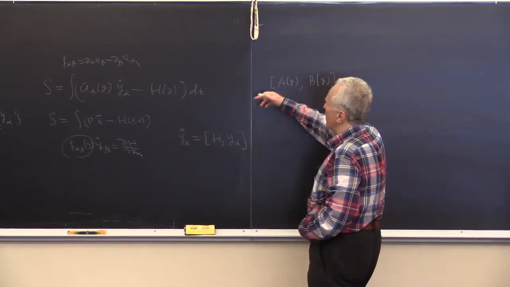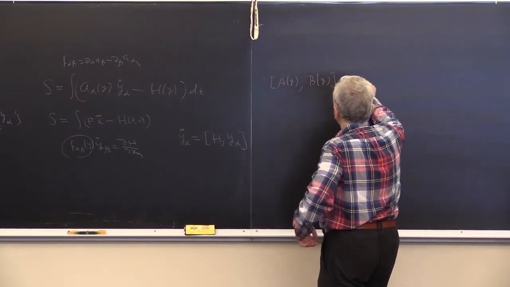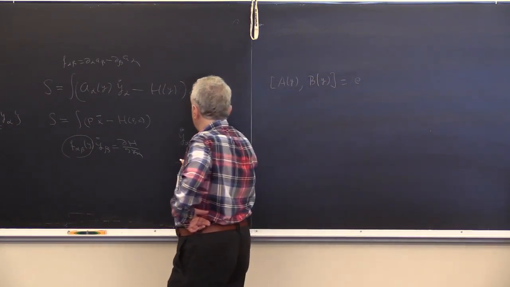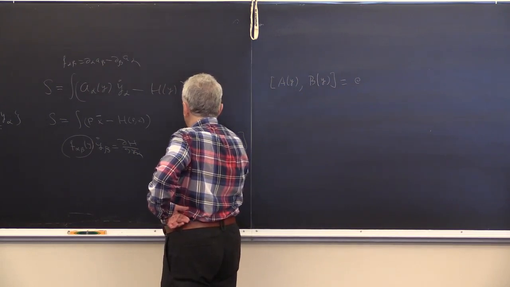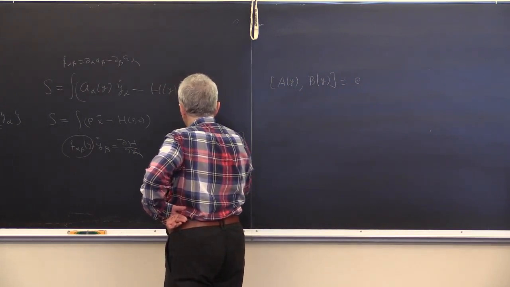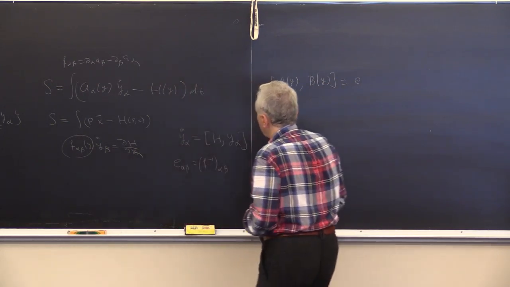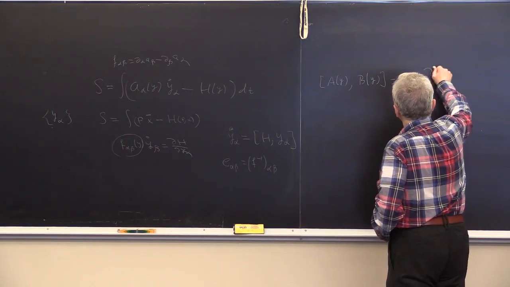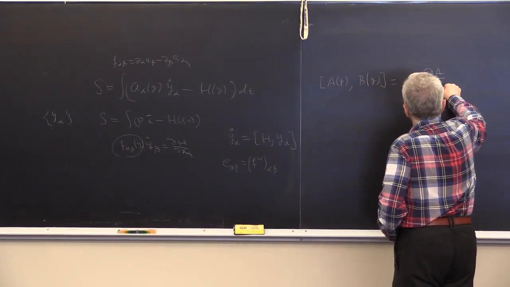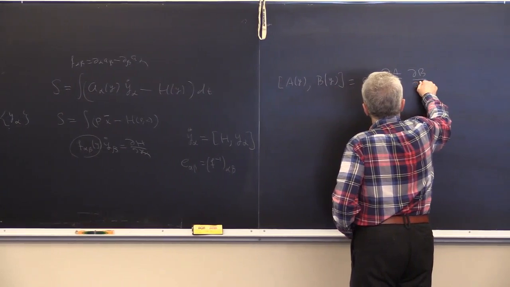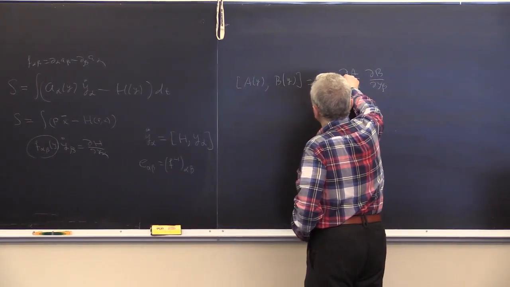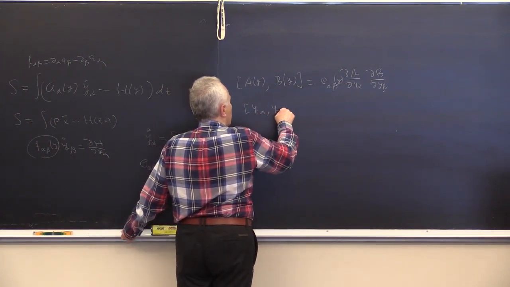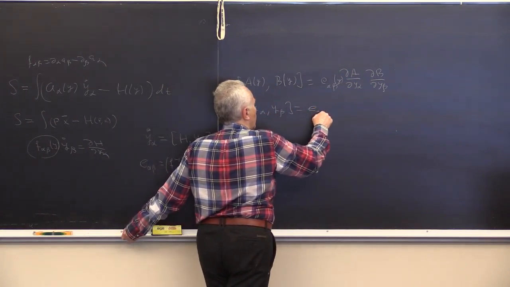If you have any two functions on the phase space, you introduce the matrix E, which is the inverse of the matrix F, and you write it down as this, or you can say that for just two coordinates in the phase space, their bracket is just E alpha beta.